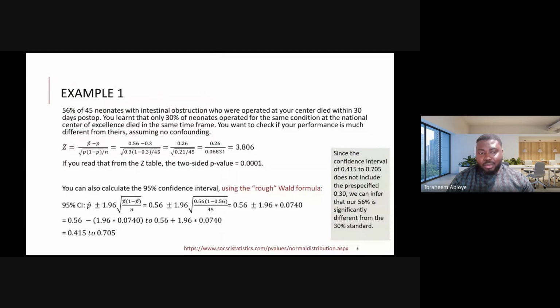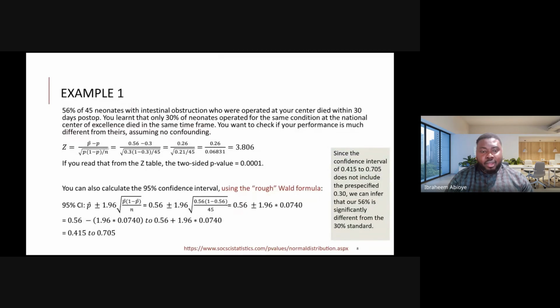Because you have two proportions, 56% or 0.56 and 30% or 0.3, the way to do that is the z-test. If you plug the numbers into this formula, this p hat is the estimated proportion from your own sample, which is the 56%, and this p is the reference proportion.